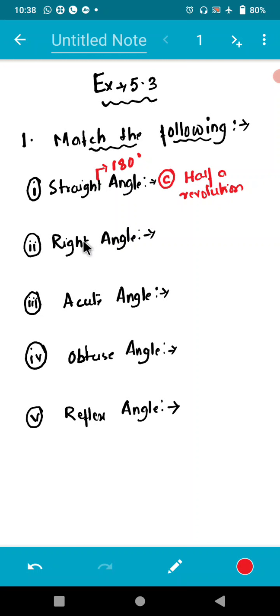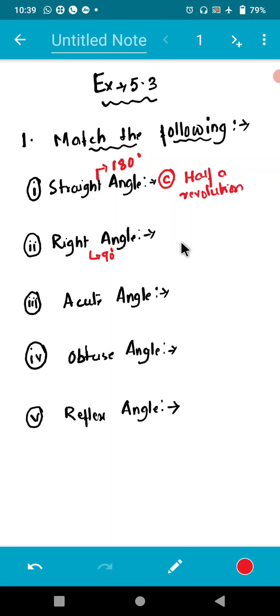Now, right angle means what? Right angle means it has to be equal to 90 degrees. That means it has to be exactly 90 degrees. Now which option is right for the right angle? That is 1/4 of the revolution. 1/4 of the revolution means one revolution is equal to 360 degrees, and 1/4 means you are dividing 360 degrees by 4, isn't it?